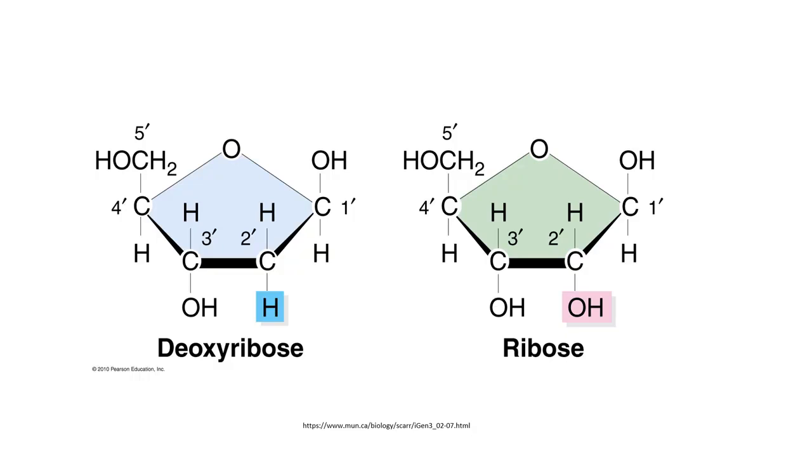Because otherwise, once a messenger RNA is copied from DNA, it would keep hanging out and making protein. And we don't want that. We want to make the protein when it is needed, and then that mRNA needs to be degraded. And it turns out that that is precisely the difference that this hydroxyl group in ribose makes.